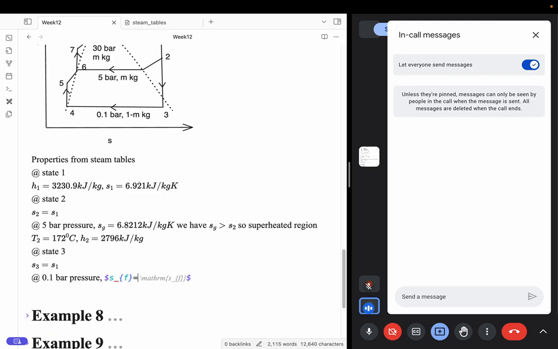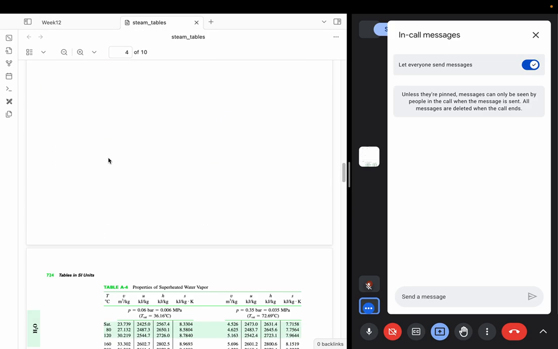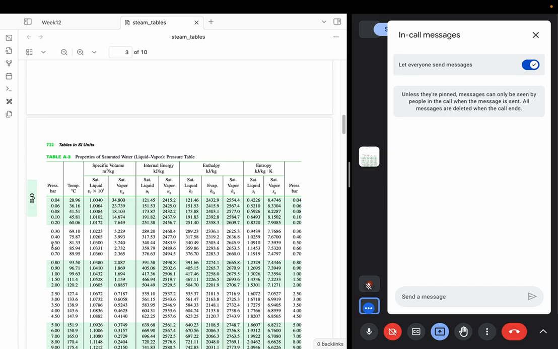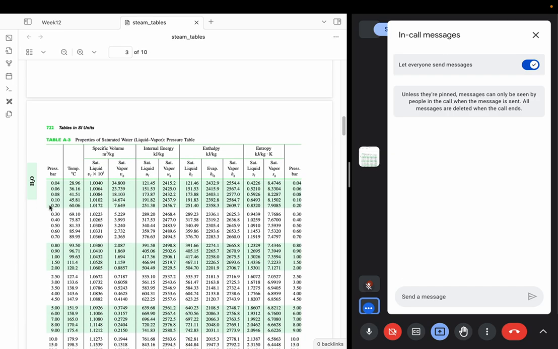So SF is coming out to be around 0.6493, and saturated vapor SG is 8.1502.